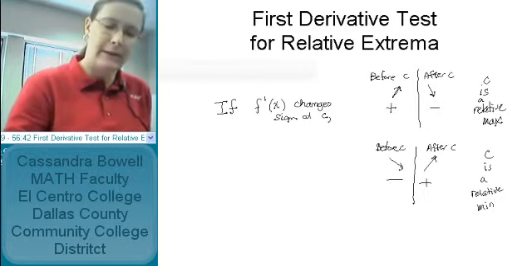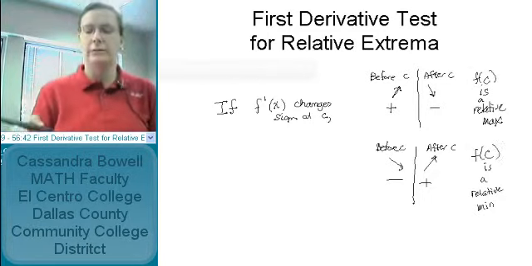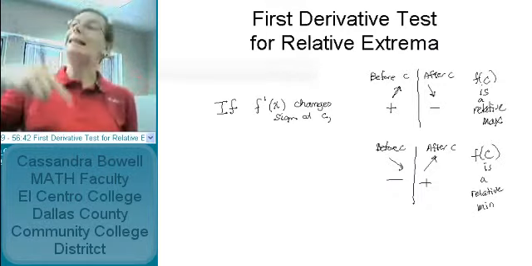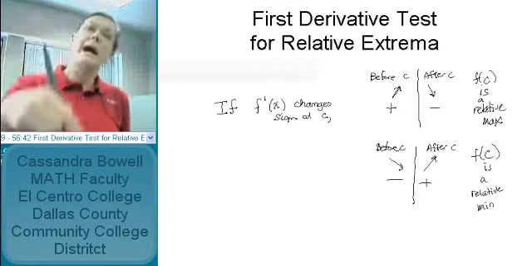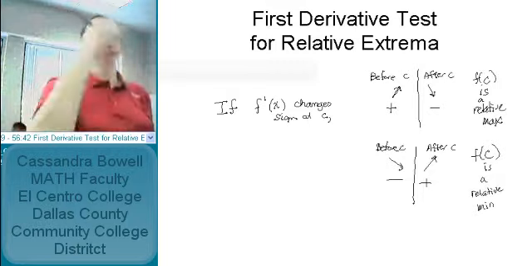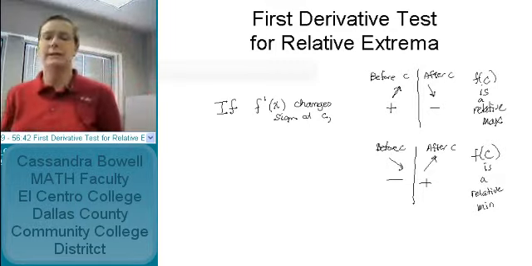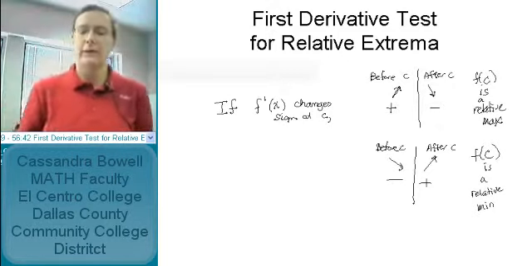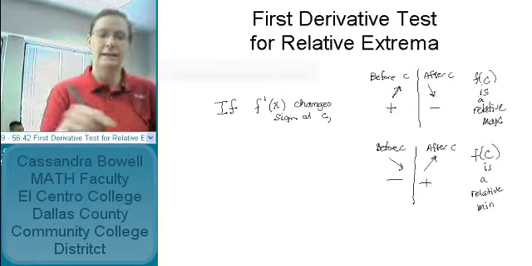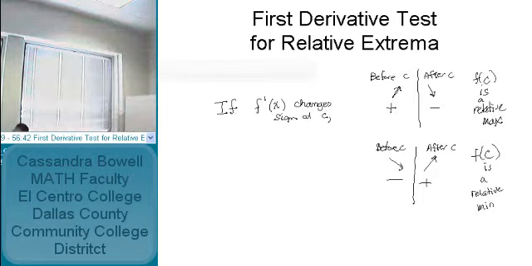Actually, I should say f evaluated at c is a relative max or min. It's going to occur at c, but the actual max or minimum value is the function's value at c. That's real important. So f evaluated at c is our relative max, and f evaluated at c is our relative min. Okay, does that help? I thought that may condense that a little bit.